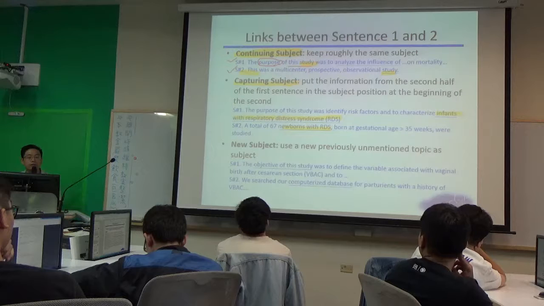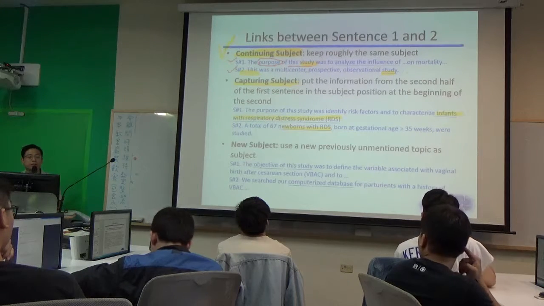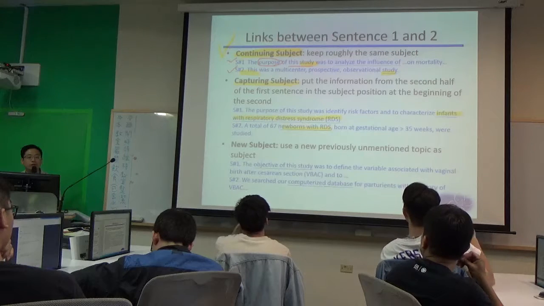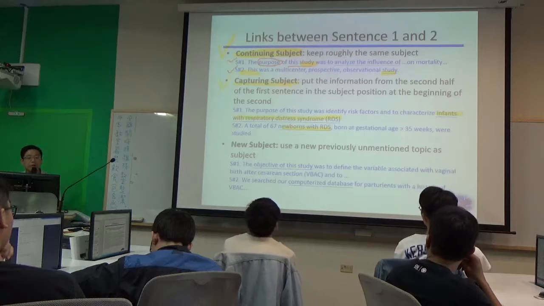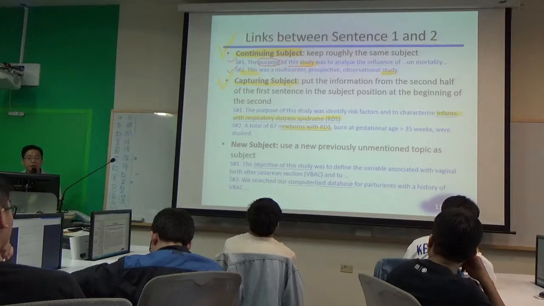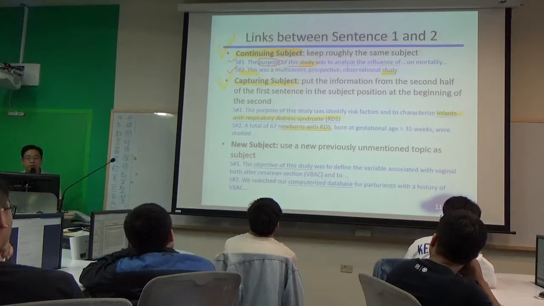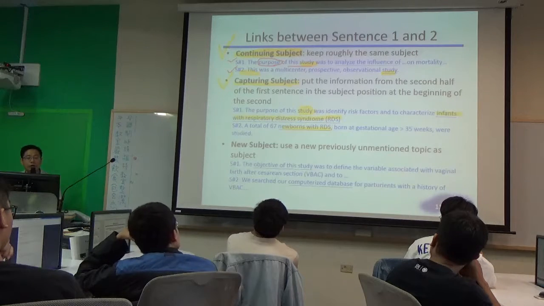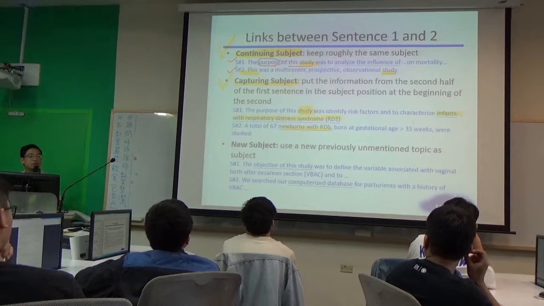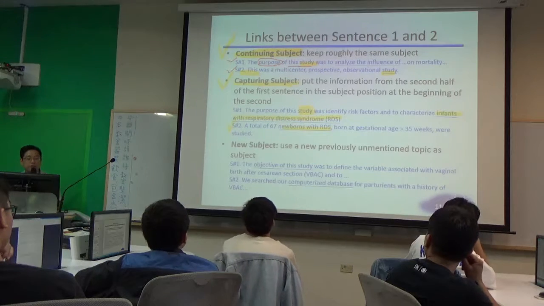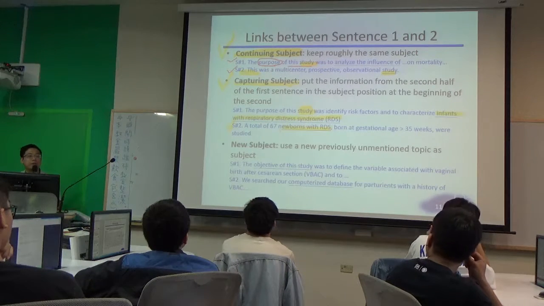For the previous type, the study and the study, both of these two sentences are talking about studies. But for this capturing subject type, the first is talking about a study, but it mentions something, RDS. So for the second sentence, the main subject is the RDS.